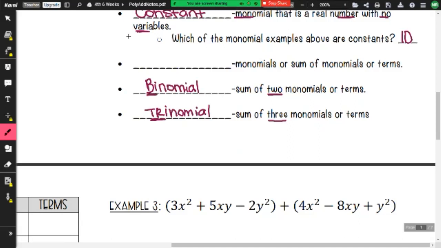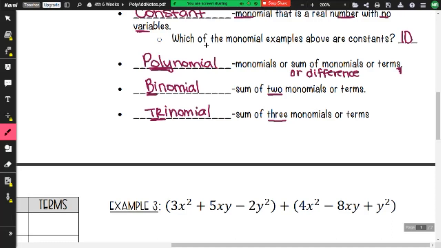So if you have a sum of monomials, plural, multiple terms, many terms, it would be a polynomial. Now, this doesn't only apply to the sum of them. What's the opposite of sum? The difference. What does it mean to take the difference of something? Subtract. Opposite of adding is subtracting. So this applies to adding and subtracting.